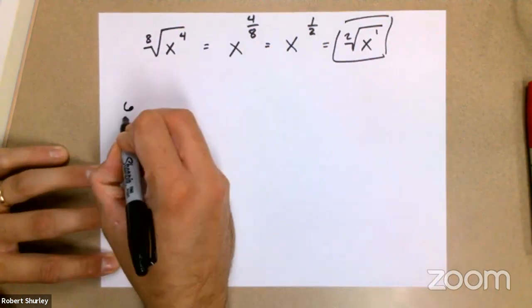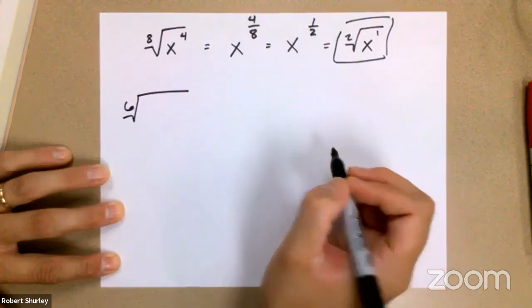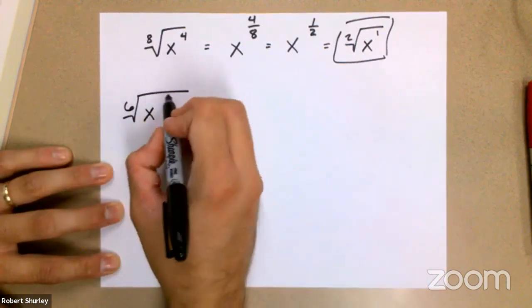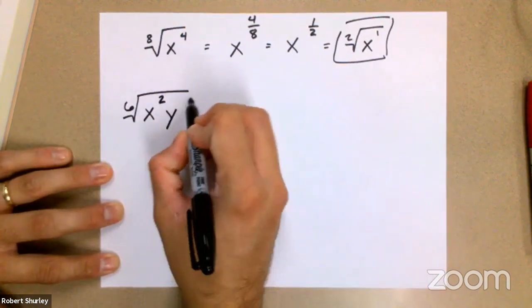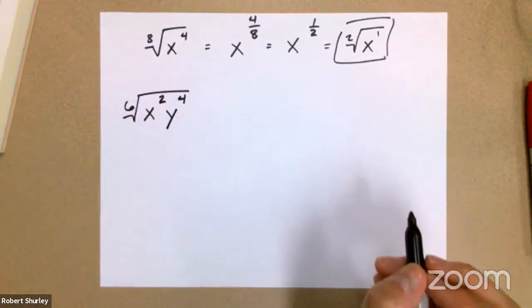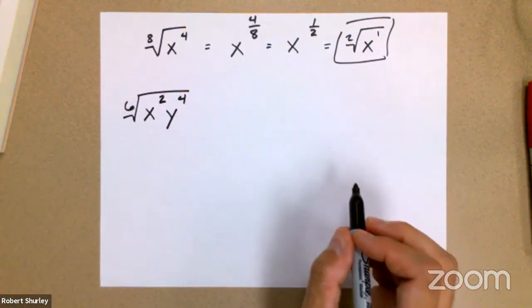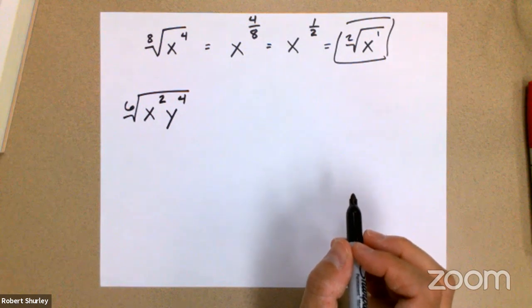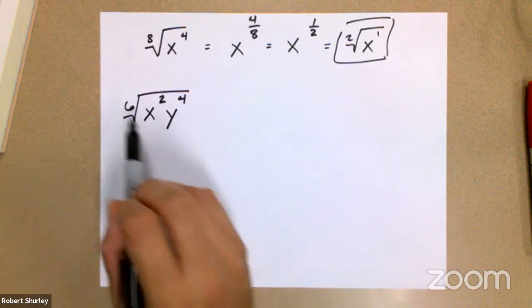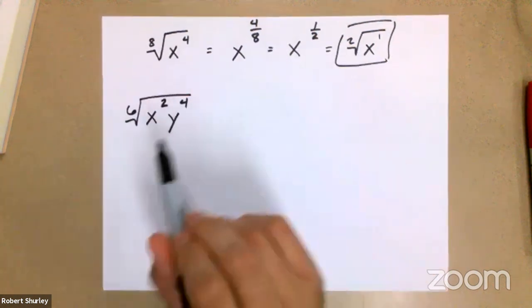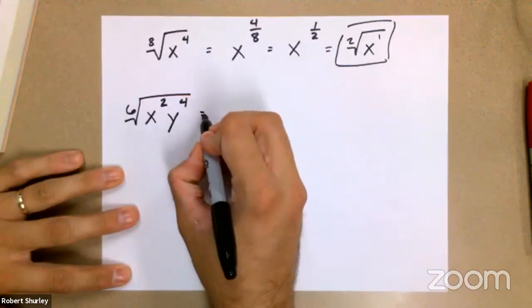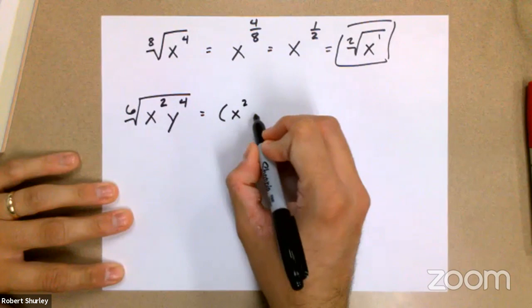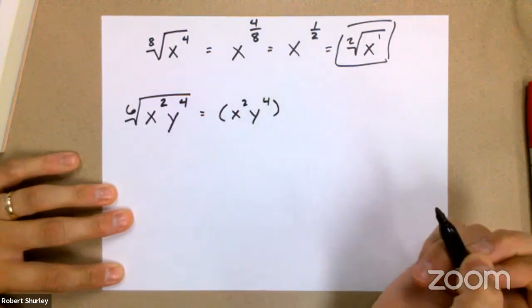Let's say we had the 6th root of x squared y to the 4th, okay? Now, again, I'm going to do the same thing. I'm going to use exponentials to simplify this. So this equals x squared y to the 4th, right?